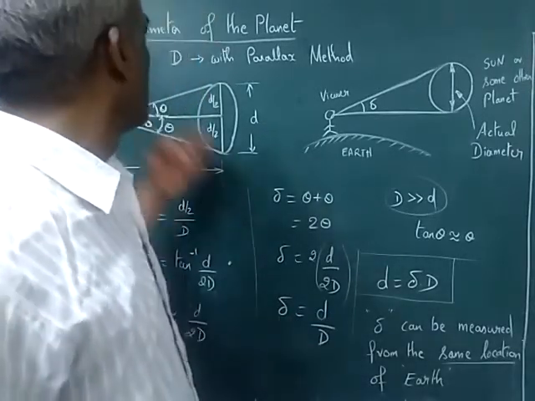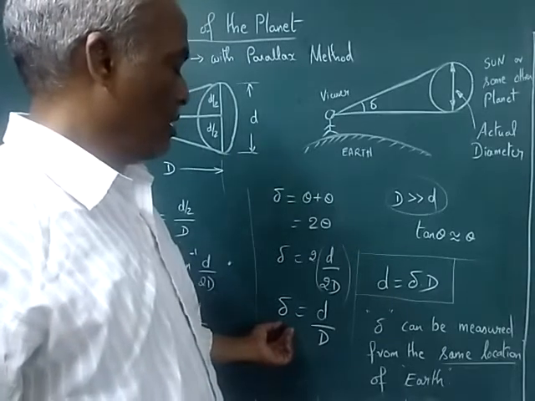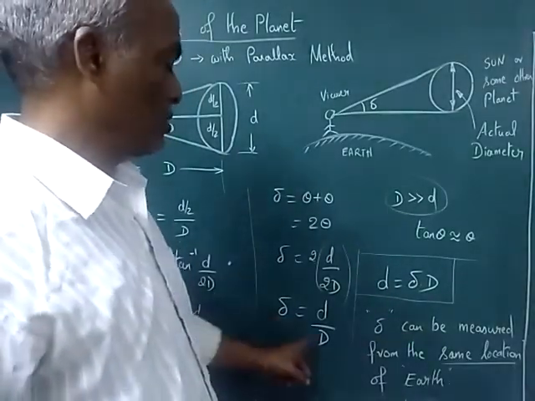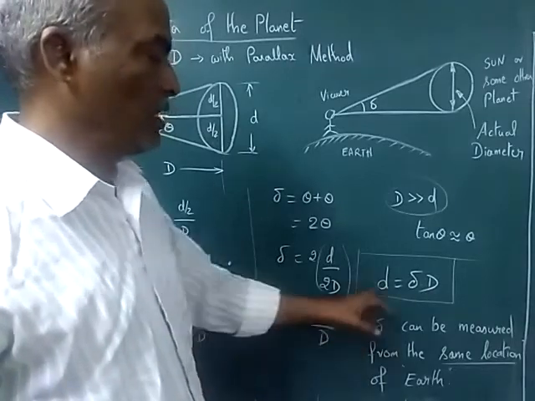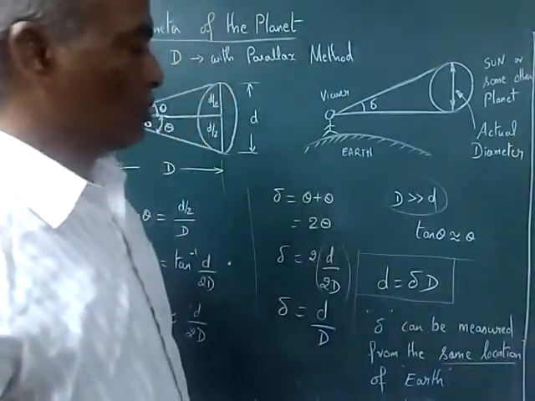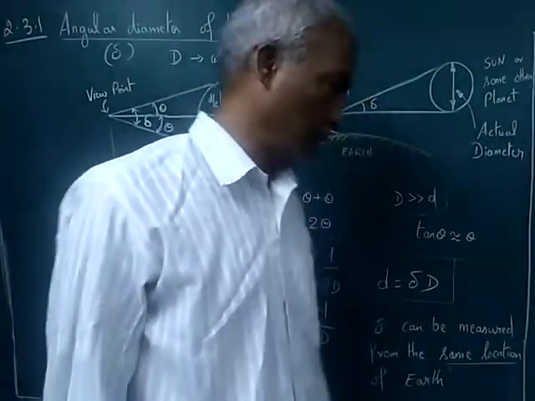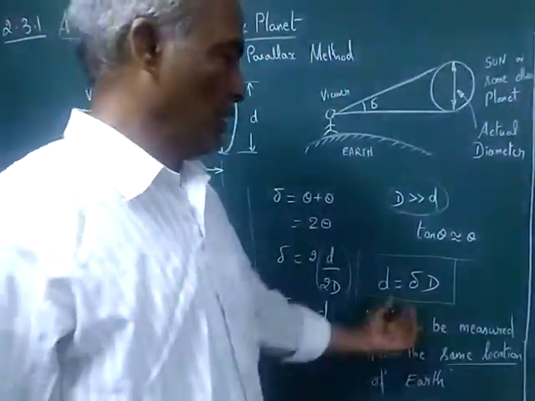This del is the angular diameter, and capital D is the distance between the earth and the planet. These two terms are known, the only unknown is d. So d is equal to del into D. So having found the values for del and D, we can always measure the diameter of the planet. So this is an important equation.